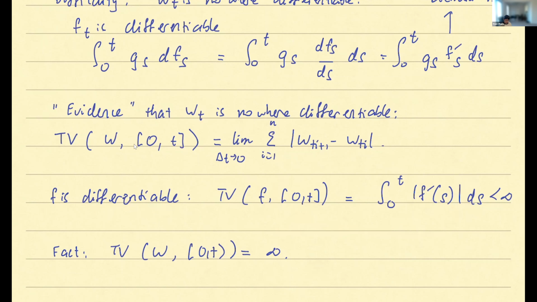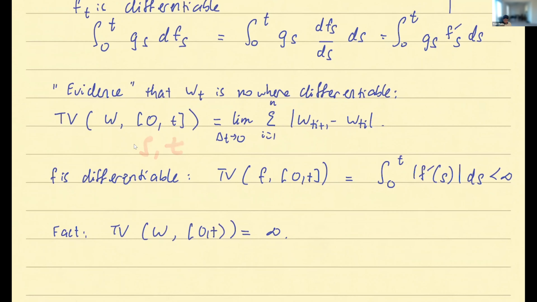Another clue is this. Notice that here I'm just defining it from 0 to t for convenience. The definition doesn't really have anything to do with 0 to t. You can do it on any time interval, from s to t, for example.